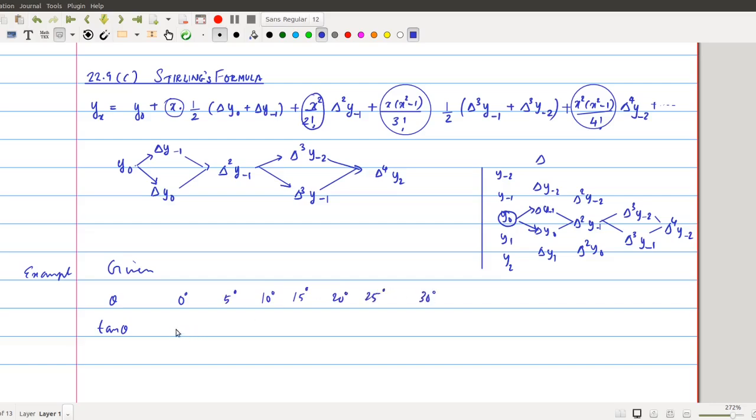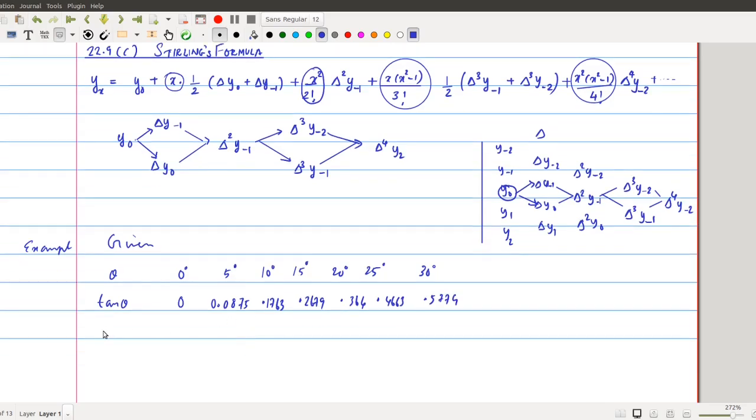The corresponding tan values are 0, 0.0875, 0.1763, 0.2679, 0.364, 0.4663, and finally 0.5774. So how will you find this? The question is, using Stirling formula, find the value of tan 16 degree.